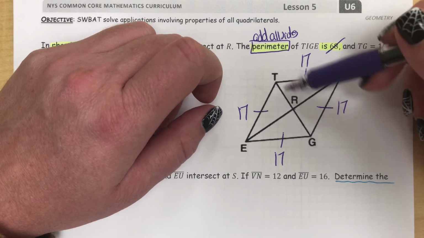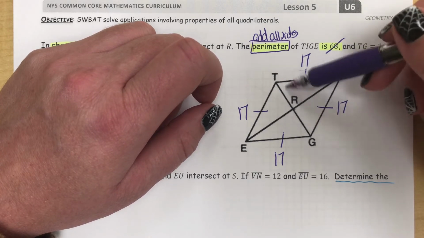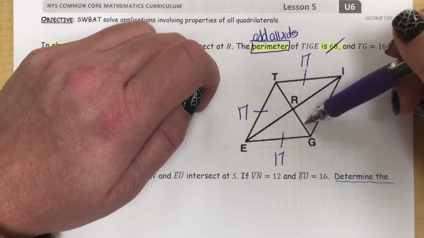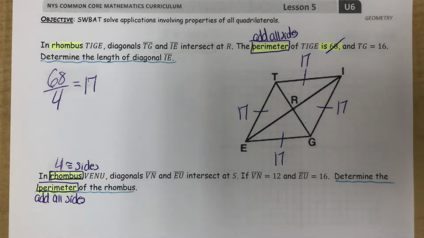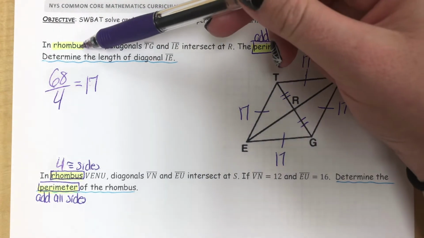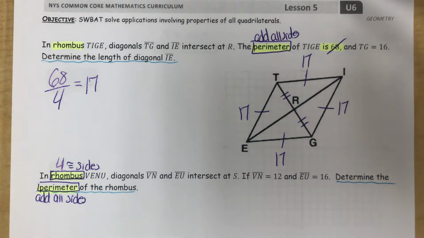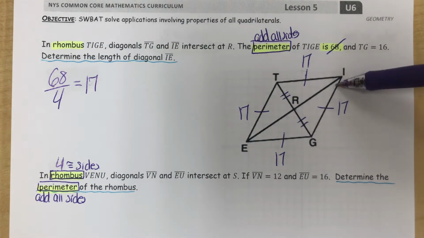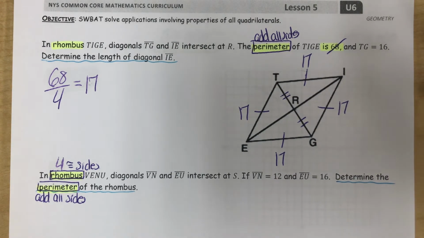I can't really use 16 on the whole thing because it's being broken up here into chunks. But I know those chunks are going to be equal because we just went over it on the first page. So I know that TR is going to equal RG. I know this because a rhombus has all the properties of a parallelogram. In a parallelogram, diagonals bisect. That really means they cut each other in half.